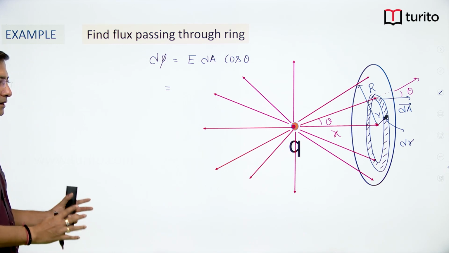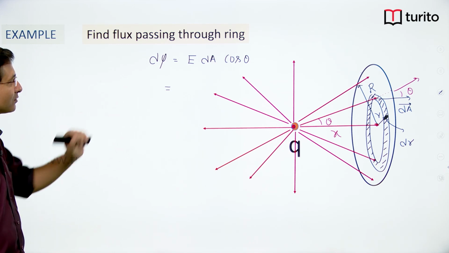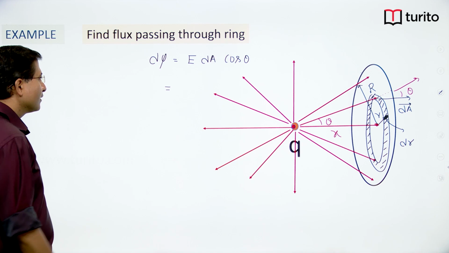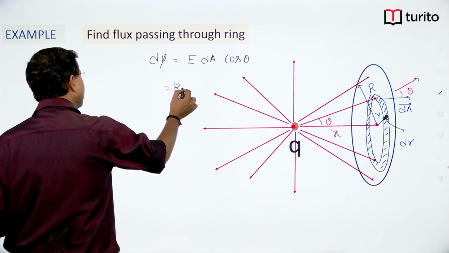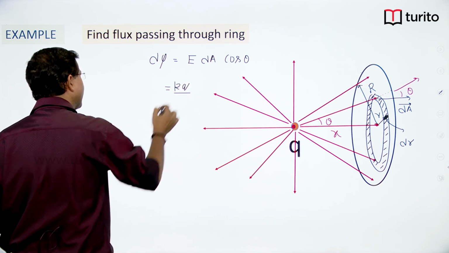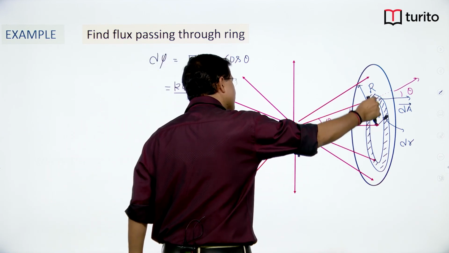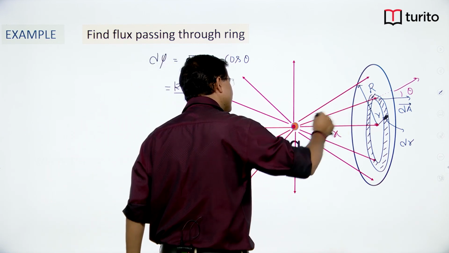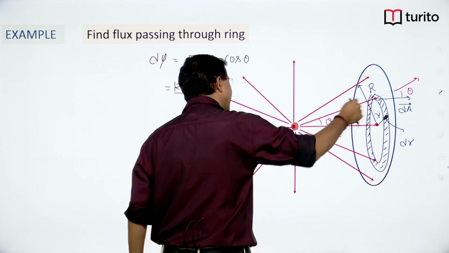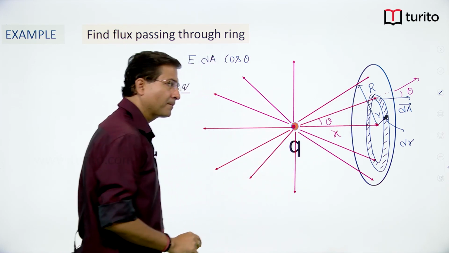So, now we are ready to substitute the value. Field is K Q divided by separation squared. Here I want to find out the field, this is x, this is small r, using Pythagoras I will get under root r square plus x square.